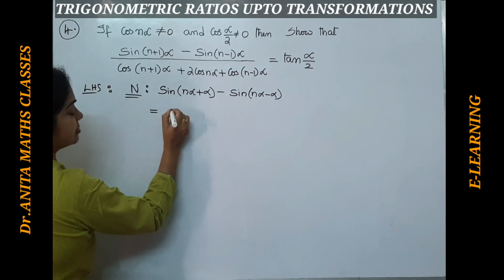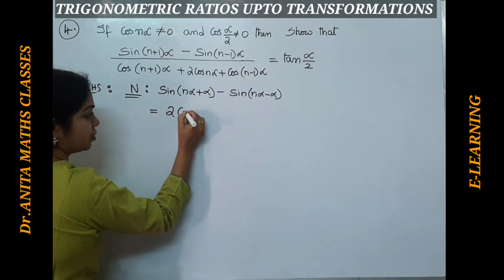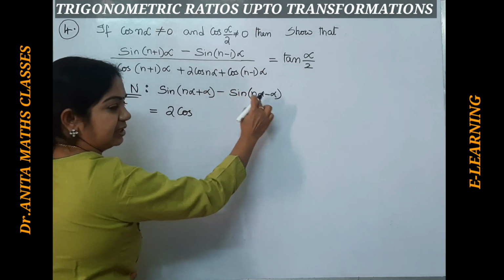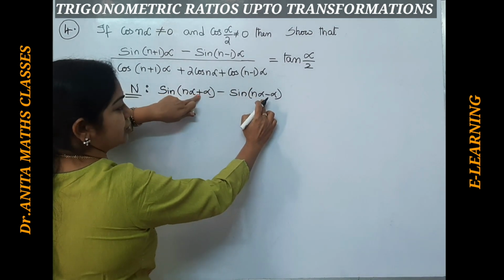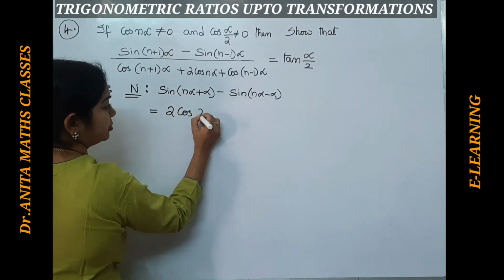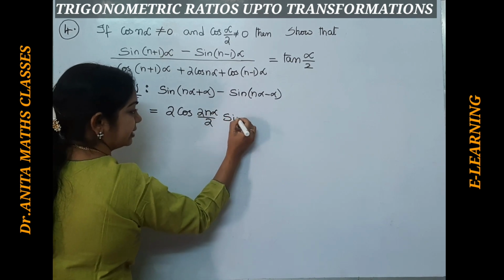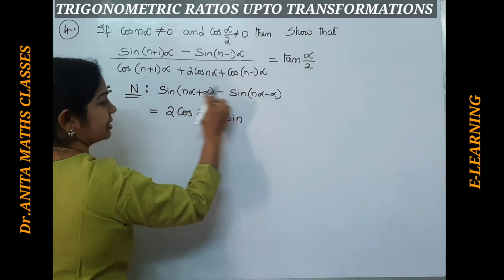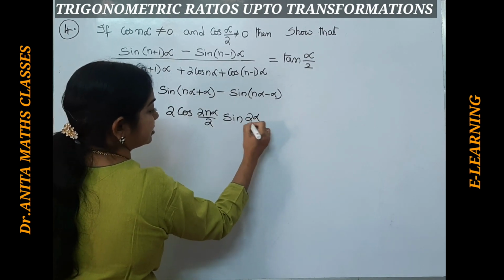So this becomes 2 cos((A+B)/2) sin((A-B)/2). Adding the two, minus alpha plus alpha goes off, we get 2n alpha by 2. And in A minus B, n alpha and n alpha get cancelled, so 2 alpha by 2 remains.